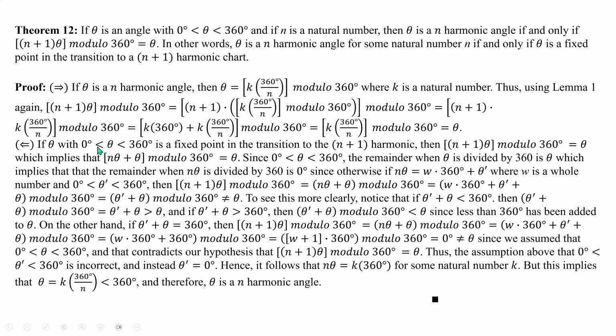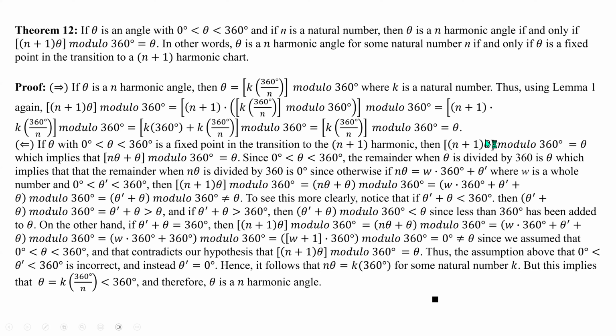We don't need to have it equal to 0 degrees. We know what happens at 0 degrees. It just stays fixed. So we'll assume that it's strictly greater than 0 degrees and strictly less than 360 degrees. And if it's a fixed point in the transition to the n plus 1 harmonic, then (n plus 1) times theta modulo 360 degrees is just equal to theta.